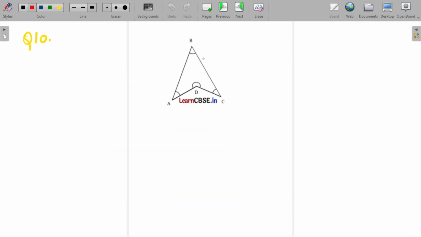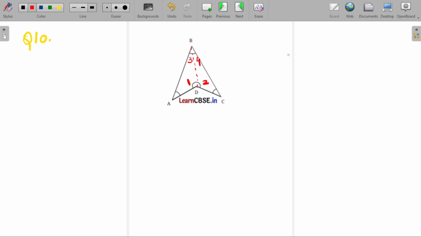So this is the diagram in the question. We'll do a little construction here. We will join BD and mark some points. This is angle 1, this is angle 2, this is 3, this is 4. We'll use some angles here.